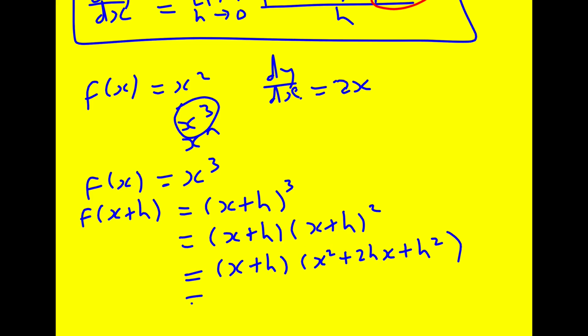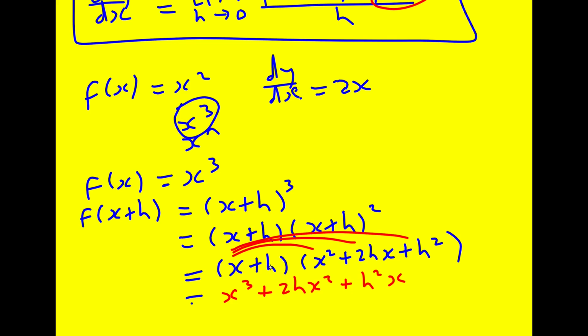Okay, what we now do, I'm not going to go into detail why we do this, but we just multiply them each by turns. So it's going to be x cubed. You could even use the binomial theorem, actually. I'm not using the binomial theorem here. 2hx squared. You've got to be really careful you don't miss indices. Plus h squared x. Notice I'm putting x at the end every time.